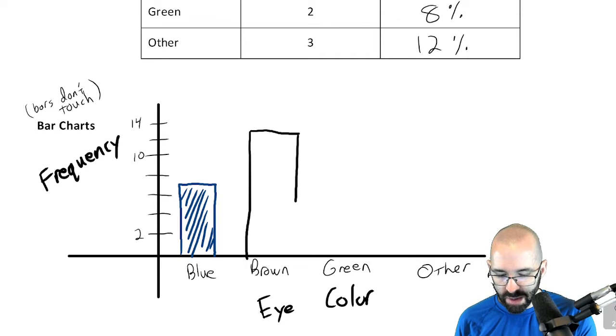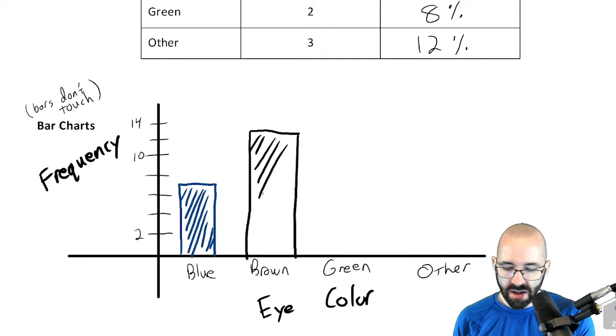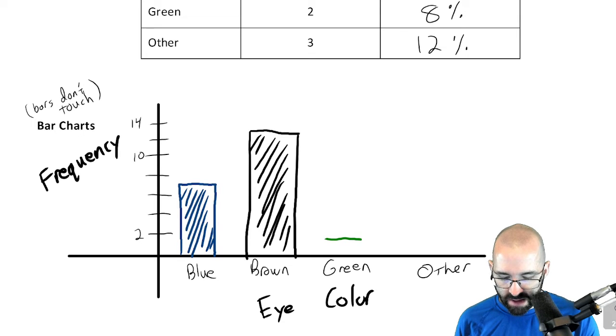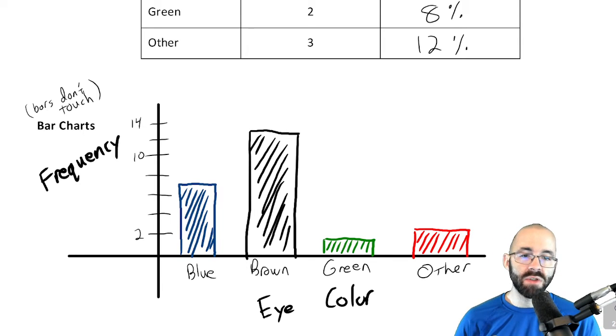A little hard to draw these by hand sometimes. And these bars should all be the same width. Notice mine's not quite the same width, but there were 2 people with green eyes. That's this first line up here, frequency of 2. And then there were 3 people with some other color of eyes, maybe hazel or something like that. All right, there you go. And that's how we can graph bar charts.